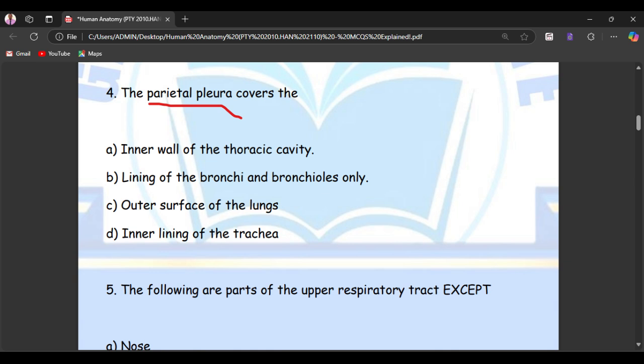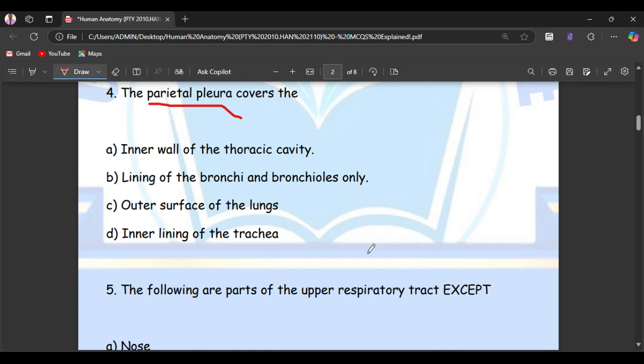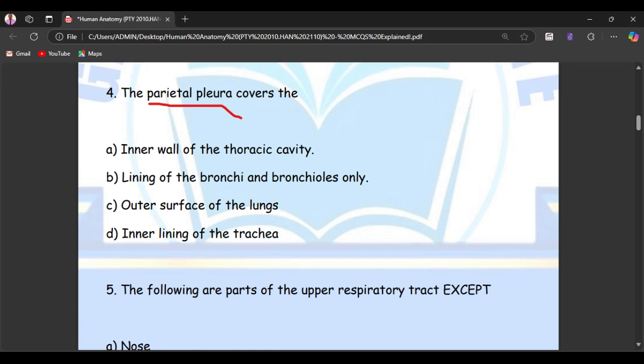The pleura is the one that lines the chest wall, which is the thoracic wall. This pleura also covers the surface of the lungs.